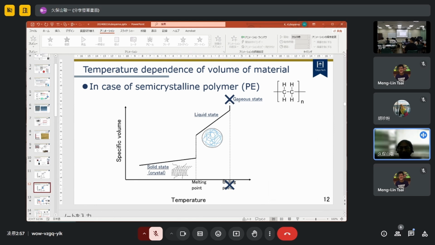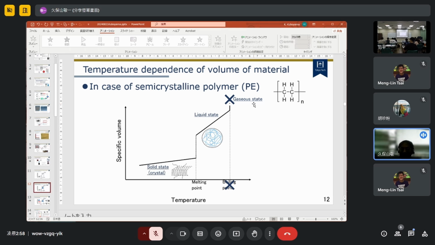But in the case of polymer, polymer doesn't have a gaseous state, because the polymer chain is a very big and very long chain. So before it takes a gaseous state, the molecular chain decomposes and becomes smaller molecules and evaporates.